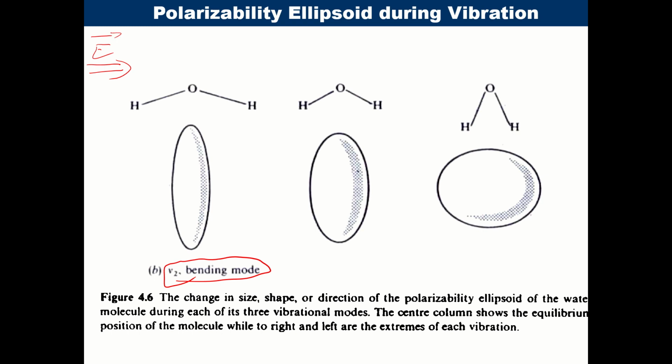During the bending mode, when it is like this, the polarizability will be the highest. The electron clouds interact well with the electric field, and the nuclei are not able to hold on to the electrons here.